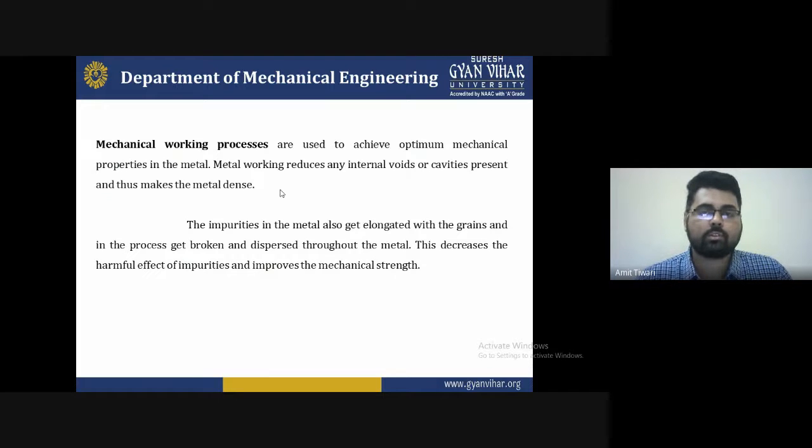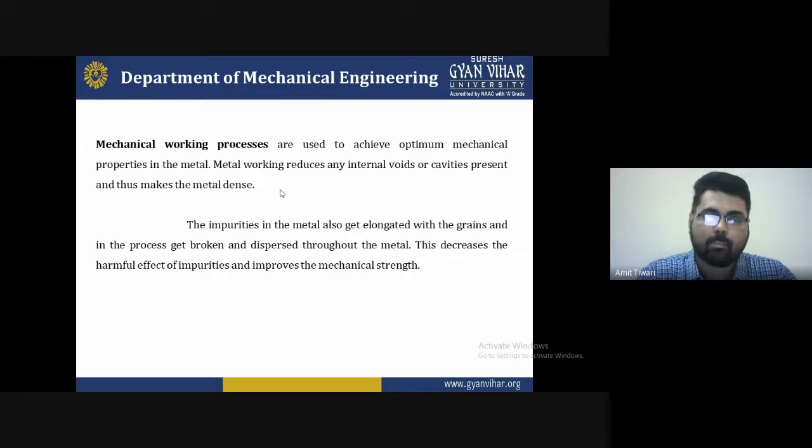Our whole objective in this presentation is to increase the material property through forming operations and by reducing the internal voids and cavities present in the metal, making the metal denser. The impurities in the metal also get elongated with the grain, and in the process get broken and dispersed throughout the metal.